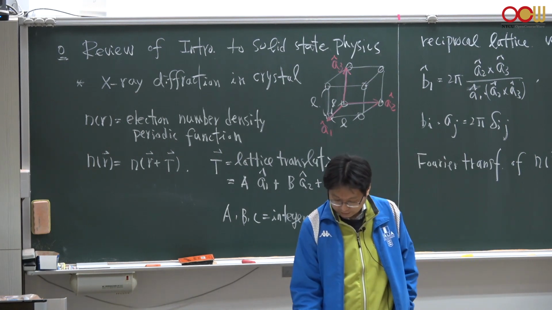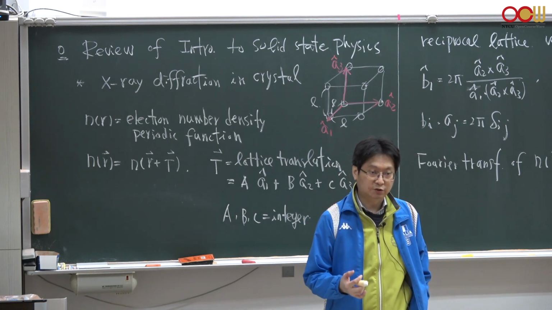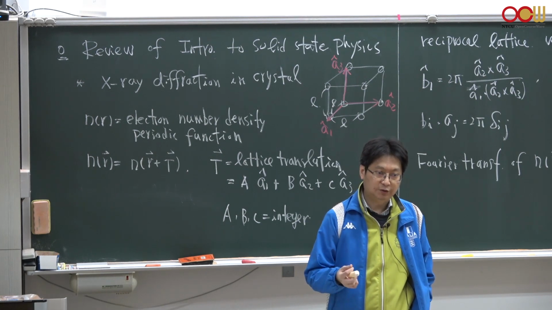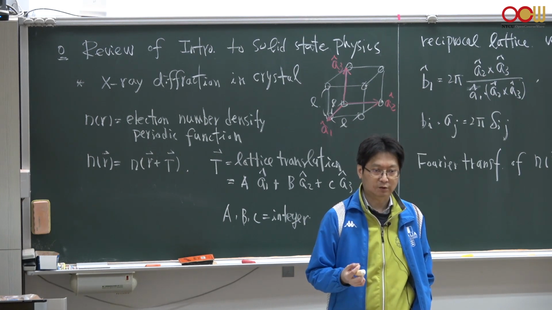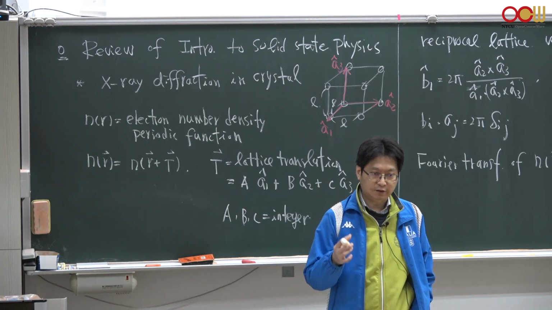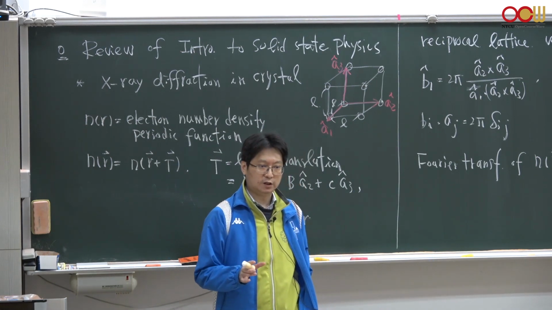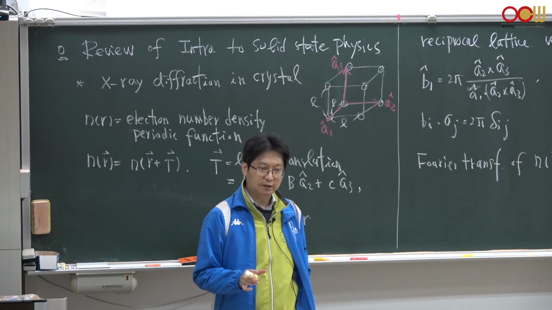And finally, we will formally introduce the very important concept, which is the elementary excitations or quasi-particles. And that is the step in between this introductory level of solid state and advanced level of solid state physics.